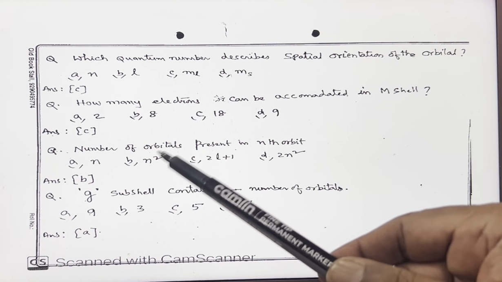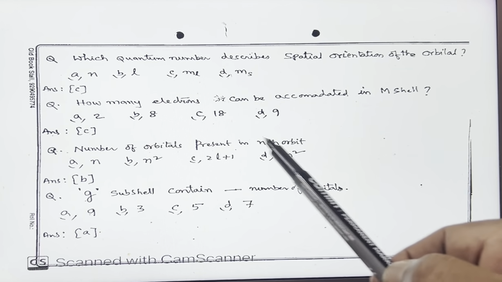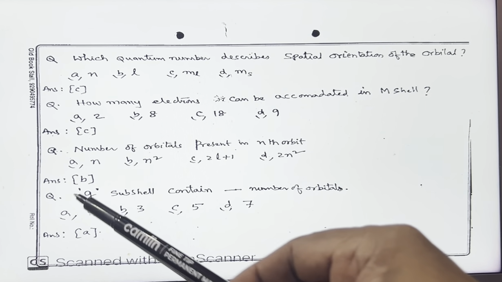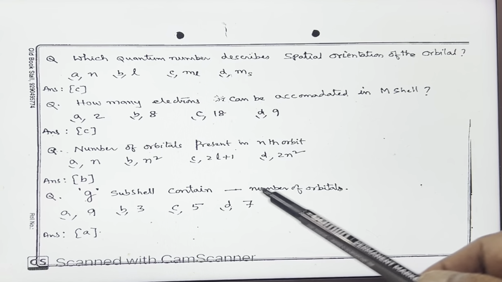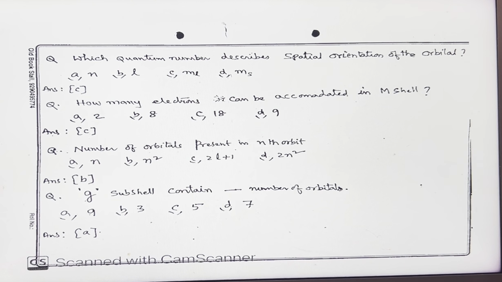Understand? So, the number of orbitals in the nth orbit is n square, this formula. The G subshell contains how many orbitals? You know S contains 1, P contains 3 orbitals px, py, pz, D contains 5, F contains 7. What is the value of L for G?